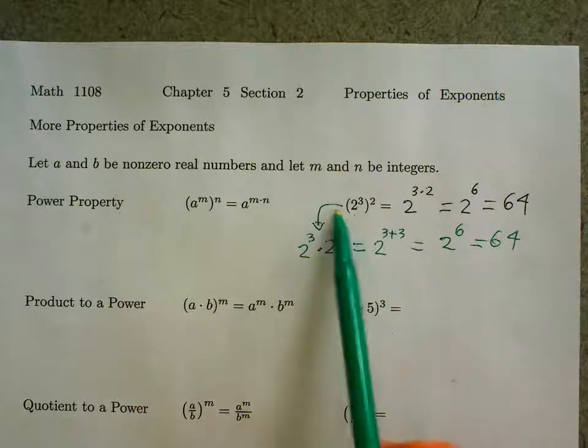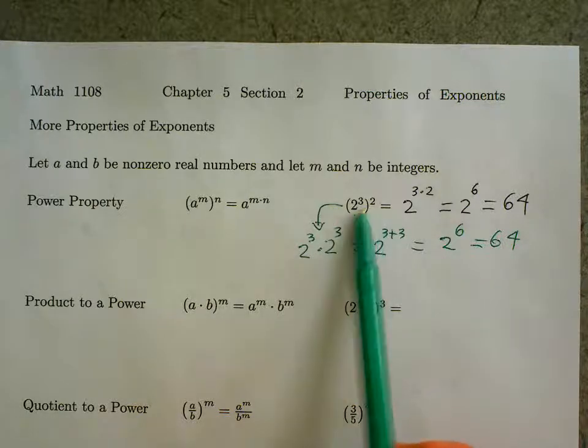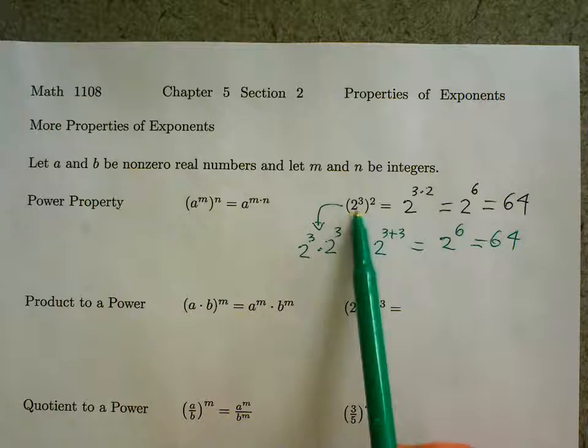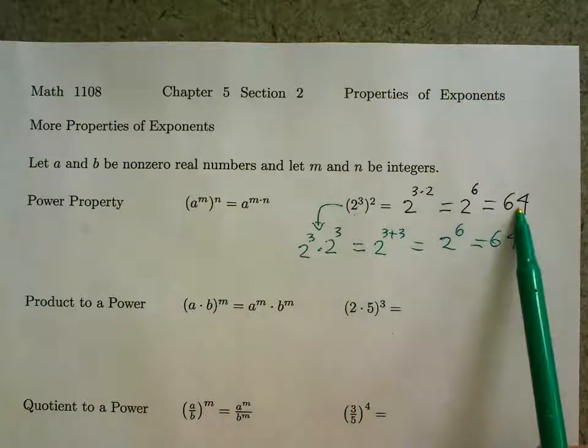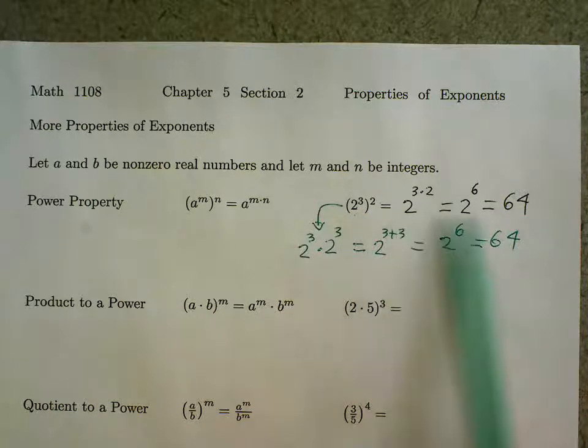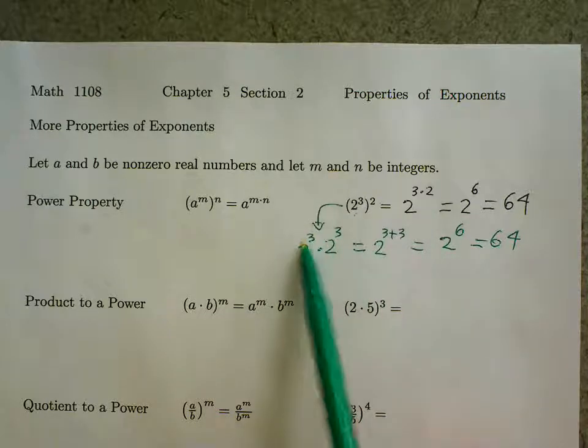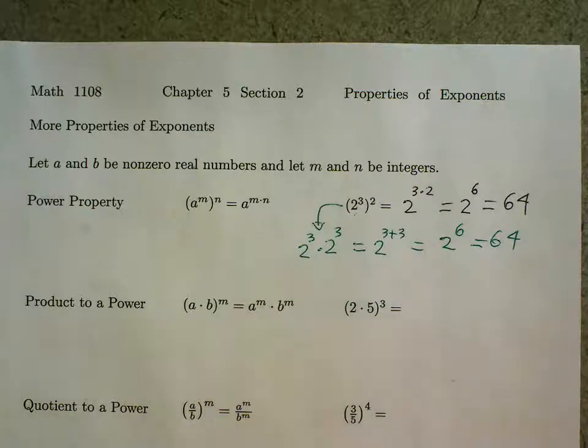So in this case, there are two ways to come up with 64. One is just to use the power property, or the other one, use the other property that we called the product rule.